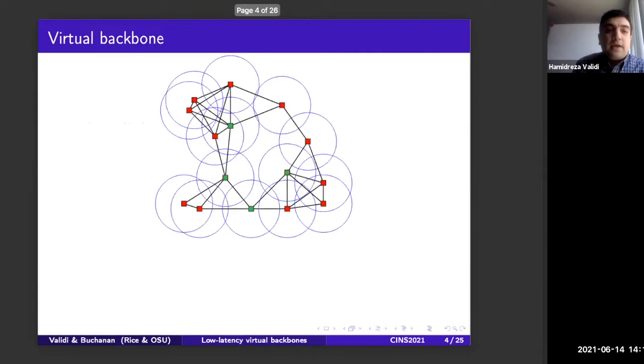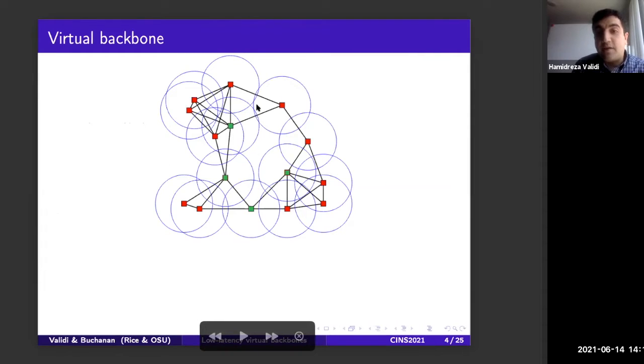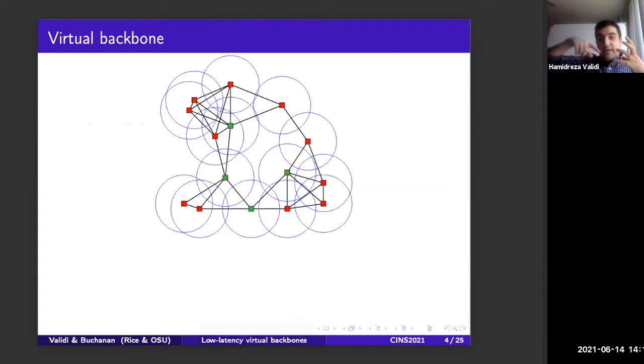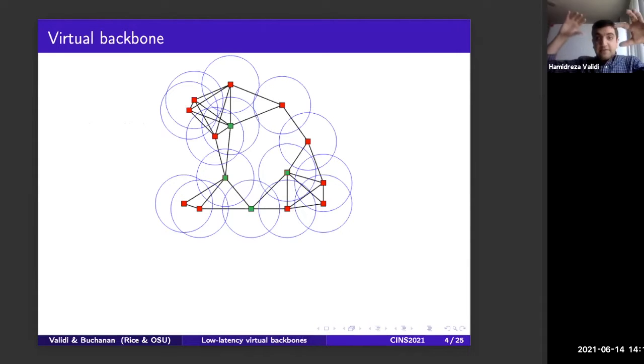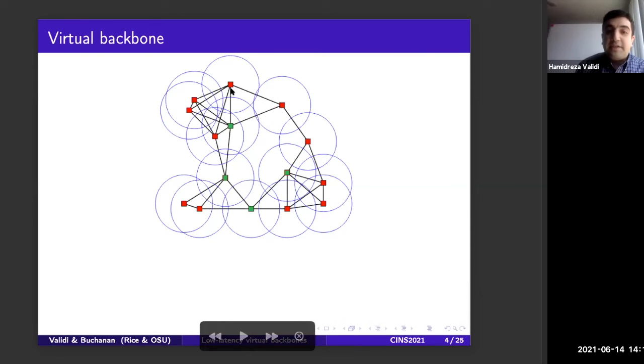First of all, suppose that we have a wireless network like this, and each sensor in this wireless network has a signal range that shows the strength of that sensor. If the ranges of two sensors intersect each other, then they can send signals to each other directly. For example, look at this red node and this green node.